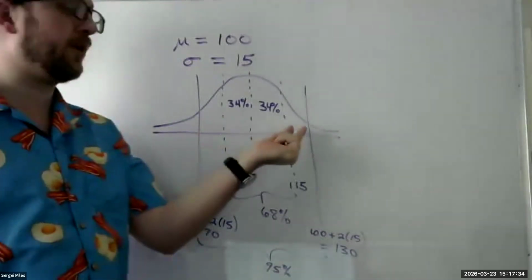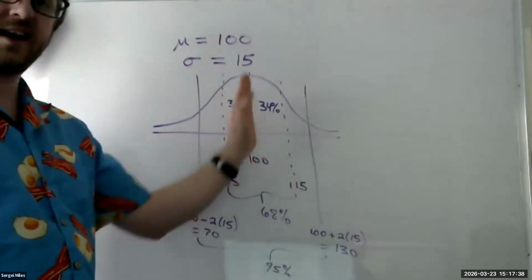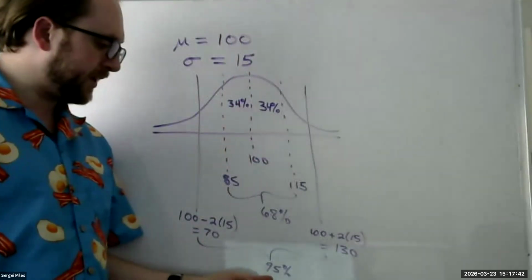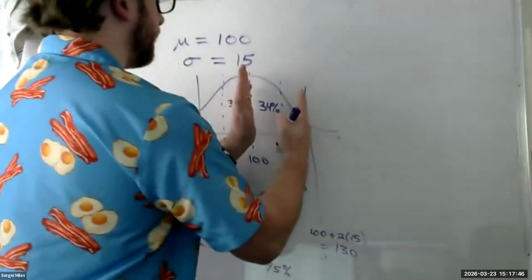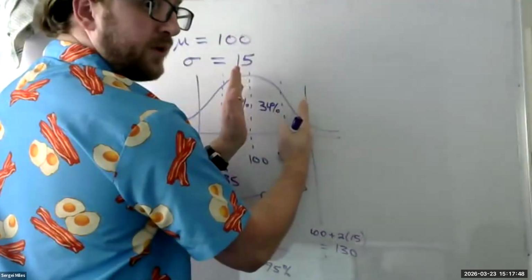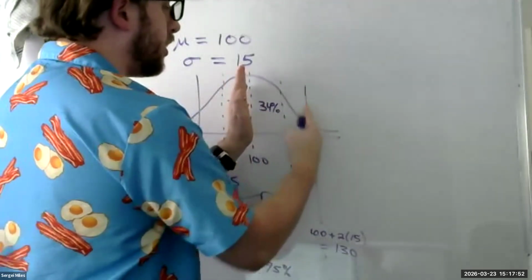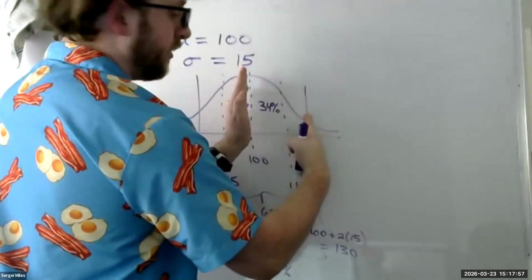But we can also figure out these smaller regions. If, again, the average is splitting everything in half, half of 95 would be 47.5. So that means 47.5 is represented from the average up to 2 standard deviations away, up to 130.